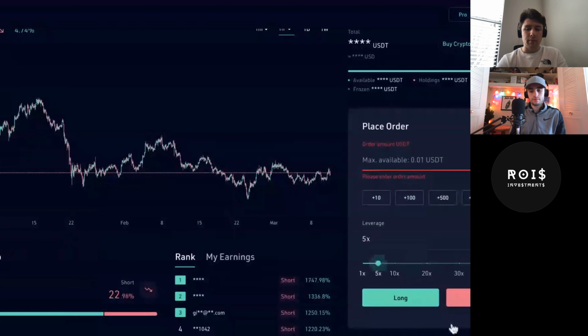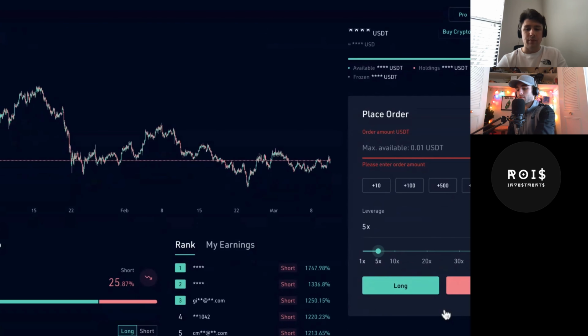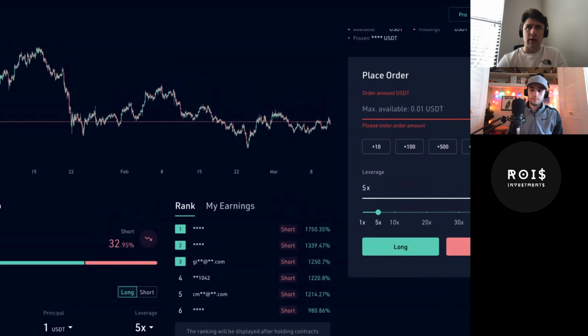So if I'm betting on this and I go to 5 times leverage and I put $1 in, and past that I do it at this 5 times, if this were to increase 1%, you'd be making around a 4.5 times increase on that percentage, and then you'd also get the 5 times that you put on that. So if it went up 1%, then you'd be making about 4.5%, because as it goes on and as it increases, the leverage decreases, and the same the other way as well.